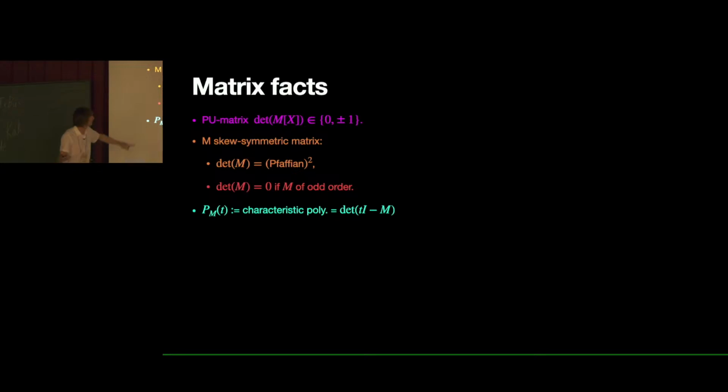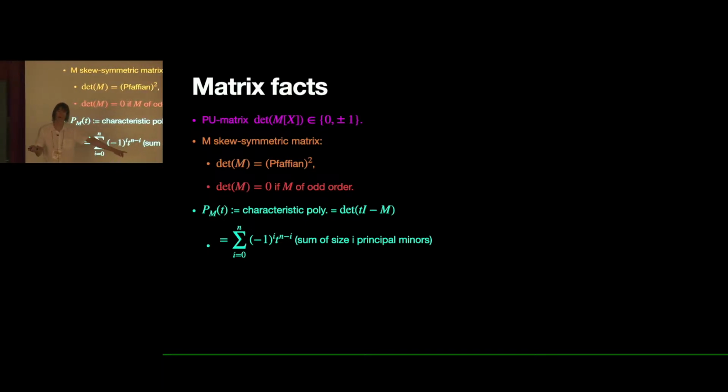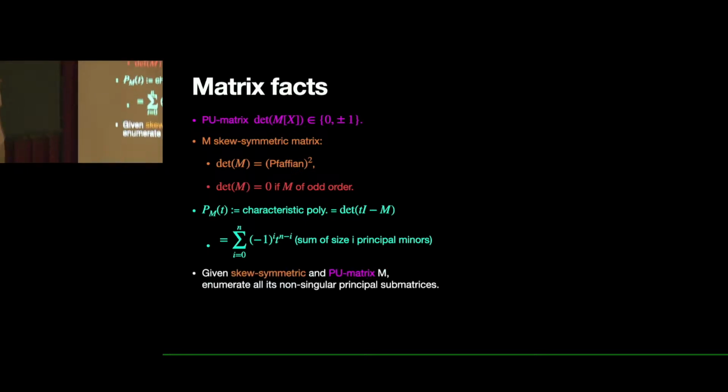If I take the characteristic polynomial, the usual definition, the determinant of tI minus M, an exercise you could give to your graduate class in advanced linear algebra would be showing that the characteristic polynomial is an alternating sum over the size-i principal minors, that is, the determinants of the principal submatrices. Okay, so we'll take that fact forward.